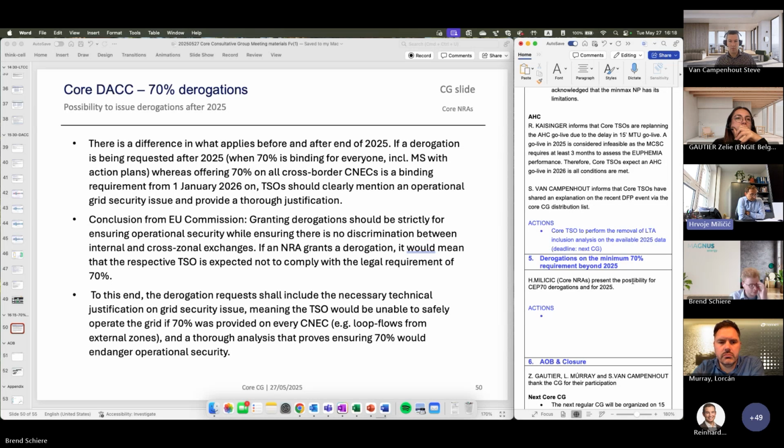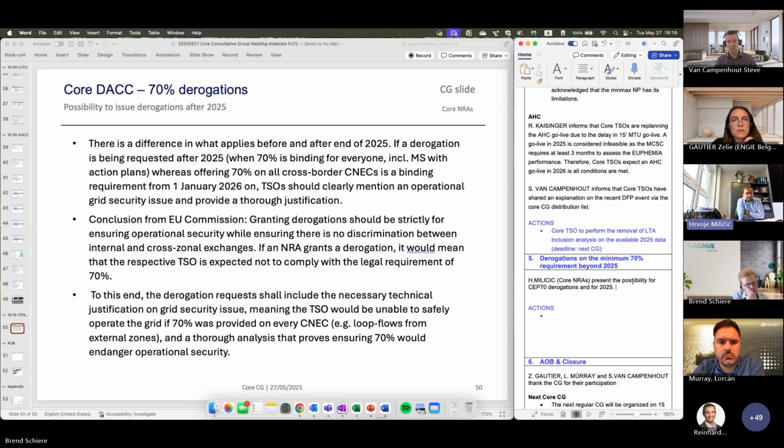We know that there are grid situations where there are insufficient remedial actions that can be used by the TSO to fulfill the 70% target. Also, regarding the legal background, we know that this issue is covered in Article 16(9) of the 2019/943 electricity regulation. So the starting point for discussion about the derogation is the same. It is the legal text in the regulation.